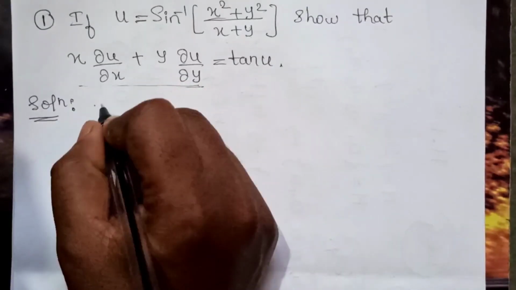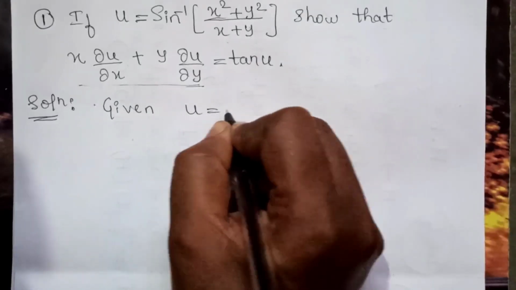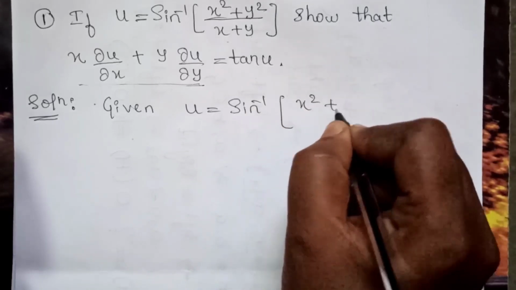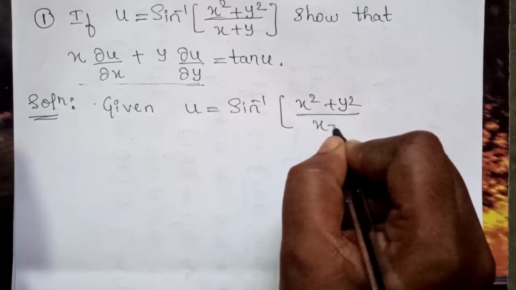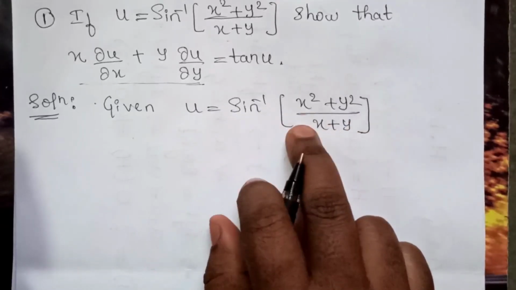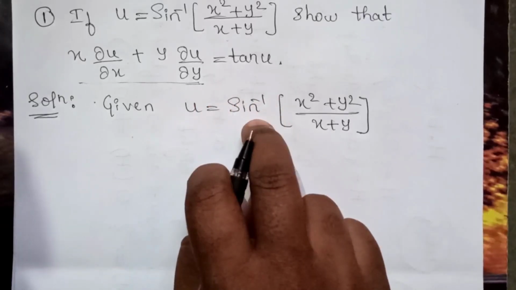So given that u equals sine inverse of (x square plus y square) divided by (x plus y), you can observe that this cannot be expressed as a homogeneous function because sine inverse is there.